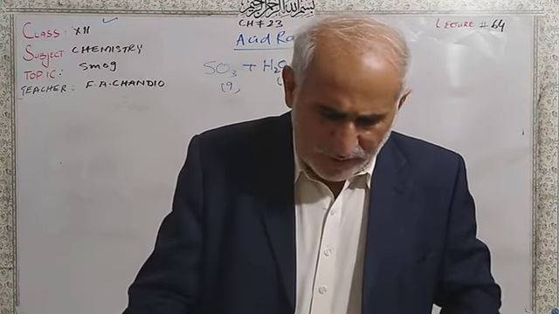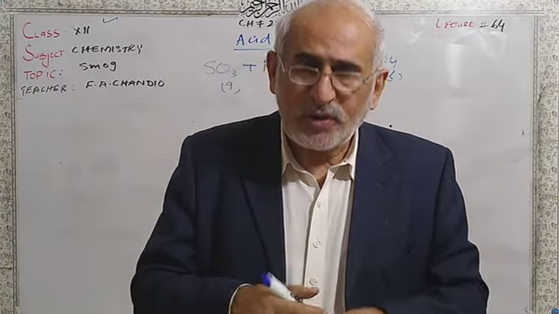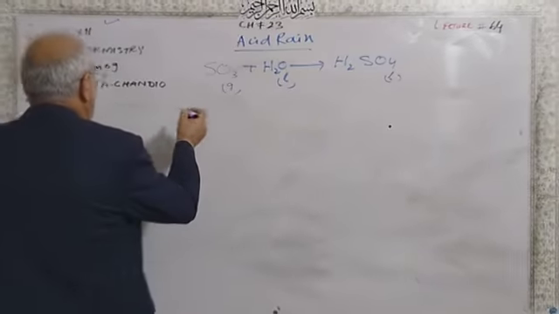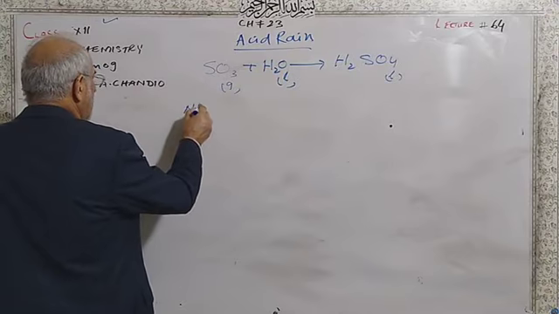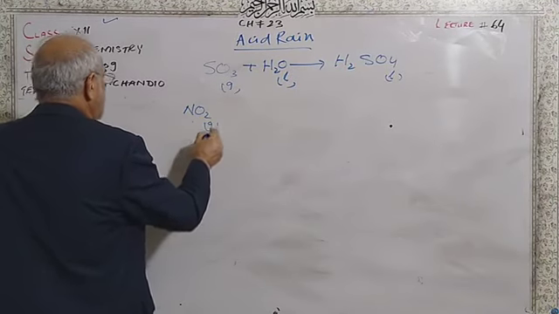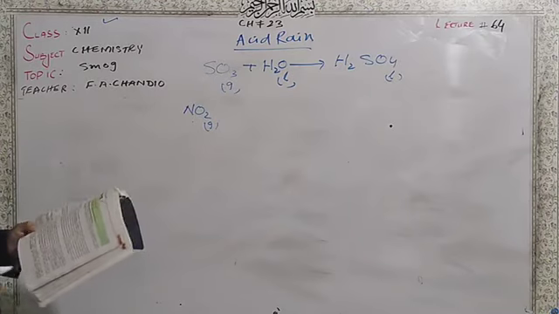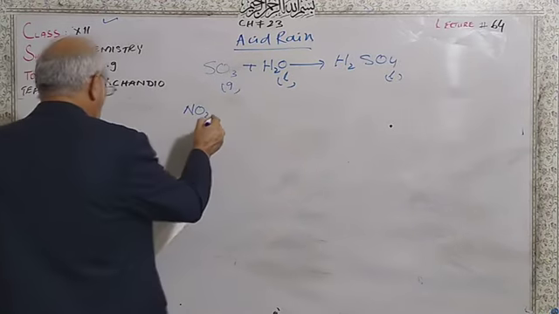And there is another one, nitrogen dioxide. I told you, nitrogen dioxide present in the atmosphere is a highly toxic gas, brownish-grayish in color.